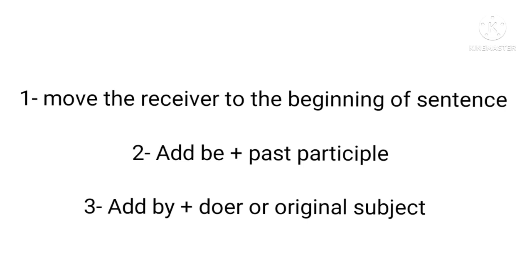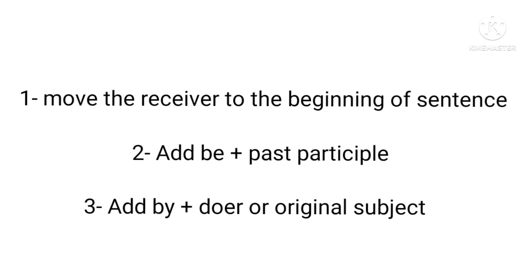When we say receiver, it is the object. Move it to the beginning of the sentence, the subject position. As you know, in the active voice, the subject is at the beginning of the sentence. But if we want to change to the passive voice, we move the receiver, this object, to the beginning of the sentence or the subject position.